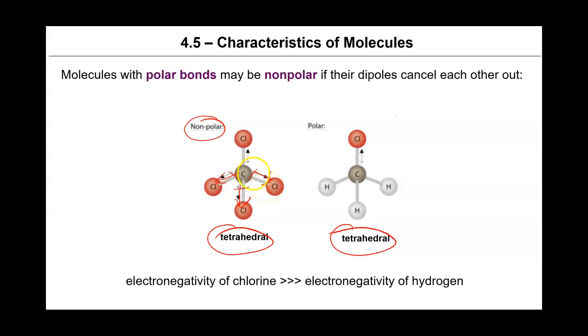So when we add all of this together, we just have a net pull downwards, but that's cancelled by the net pull upwards. So all of the dipoles cancel out. Now in the case of this molecule over here, CH3Cl, everything is getting sucked upwards towards the chlorine, and so that one has a dipole where the chlorine end of the molecule is negative and the hydrogen base of the molecule is positive.